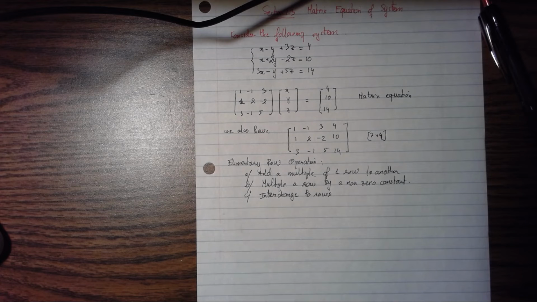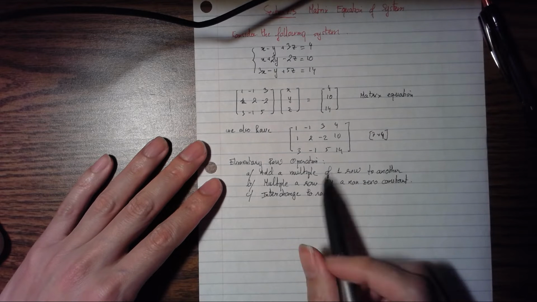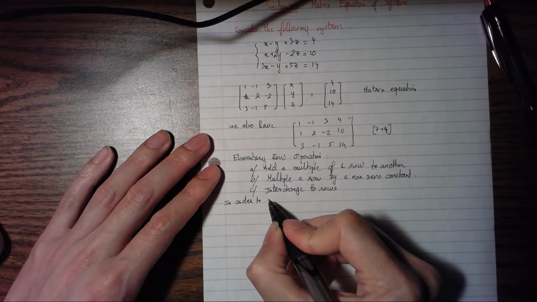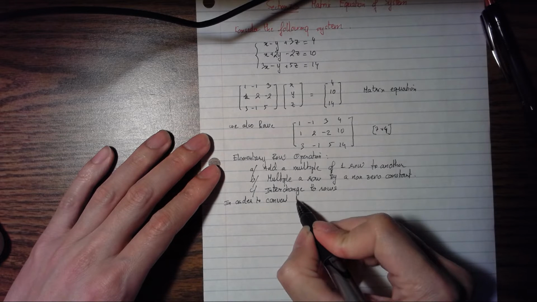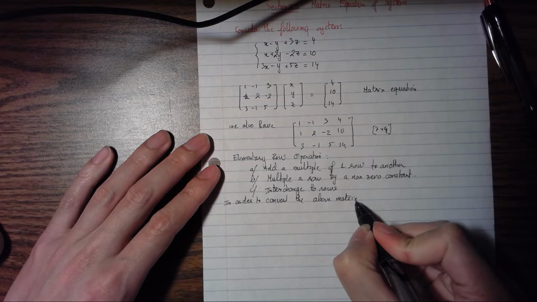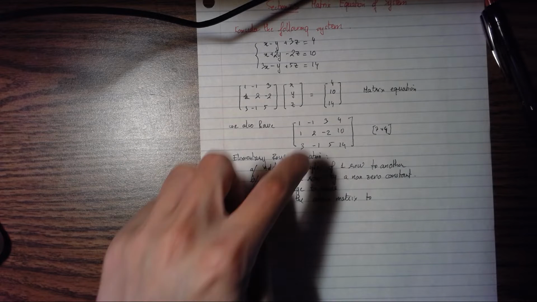Okay, so after you apply elementary row operations, why do you have to do that? The reason you want to apply elementary row operations is because we want to convert the above matrix to two forms.